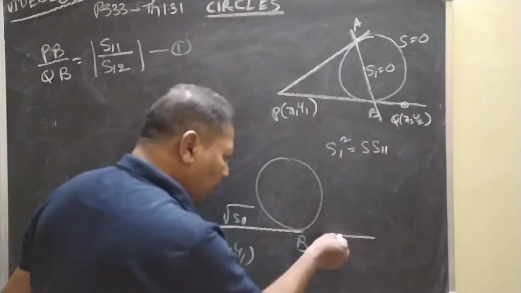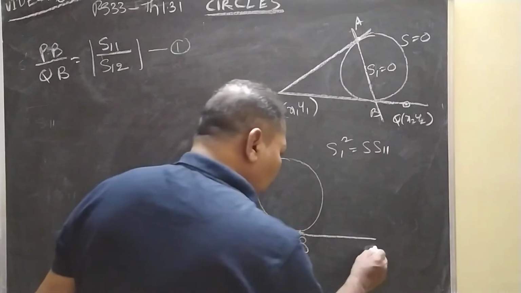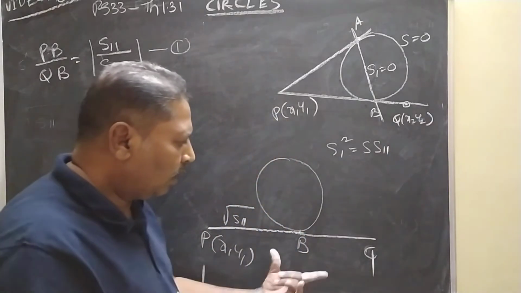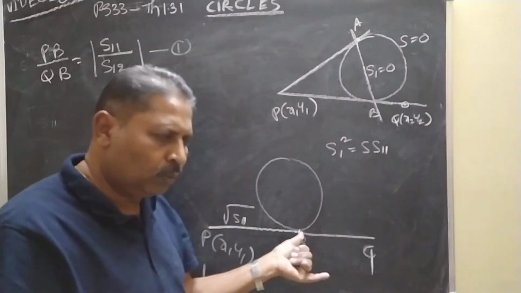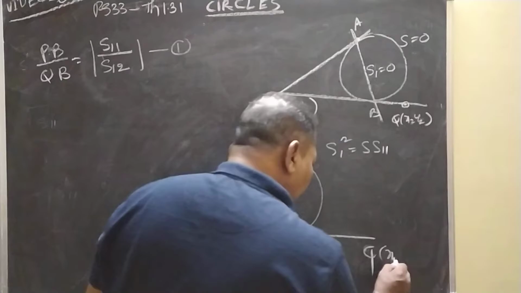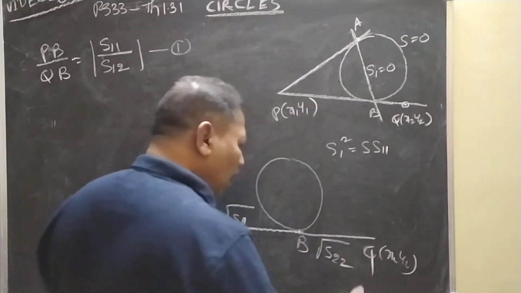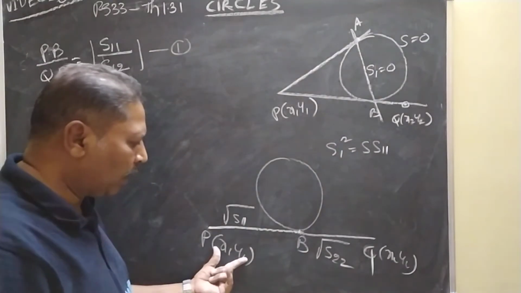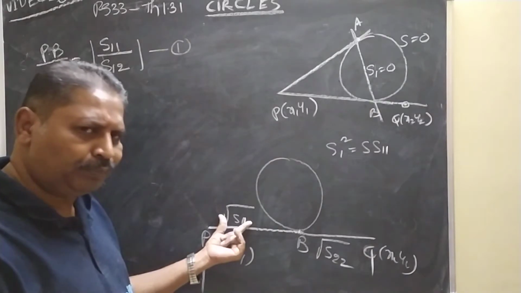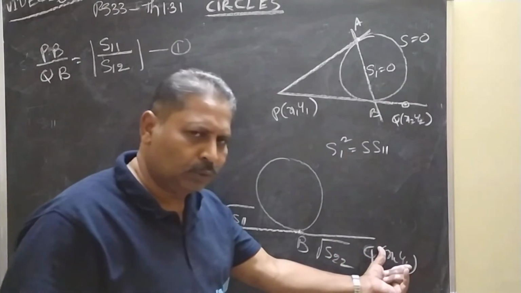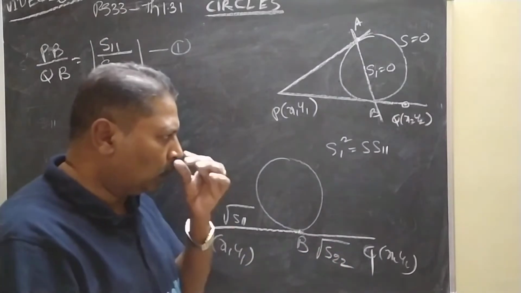Next, QB is also the length of the tangent from Q. What is Q point? (x2, y2). So under root S22 is the length of the tangent from (x2, y2).